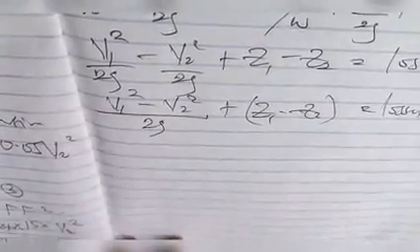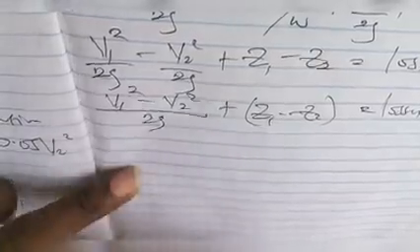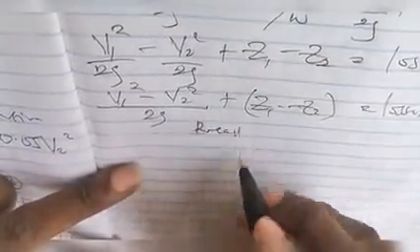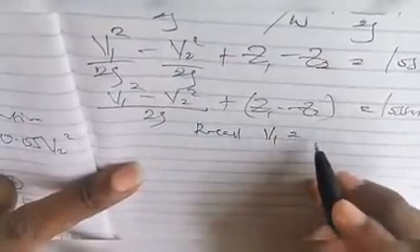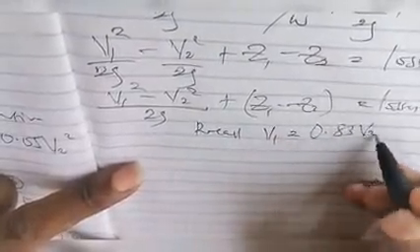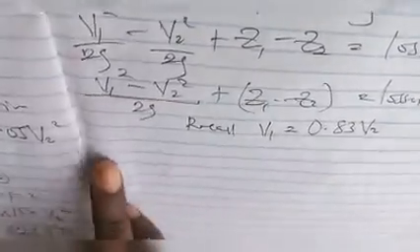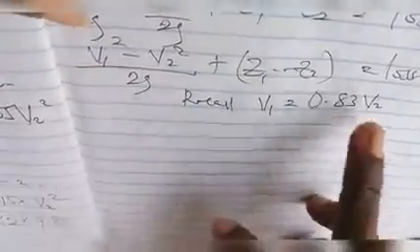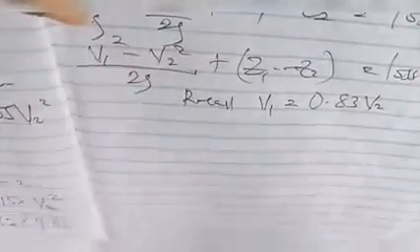So here is what we'll do. Remember, we already solved for V1. Recall, we had V1 to be 0.83 V2, not forgetting. So in place of V1 here, we can replace it with 0.83 V2 to make all velocities in terms of V2, like I told you.